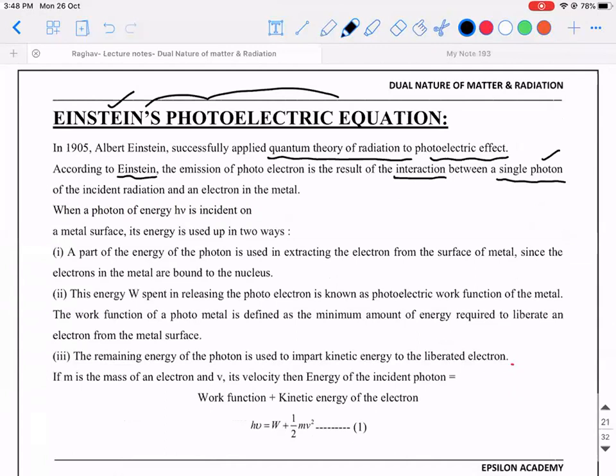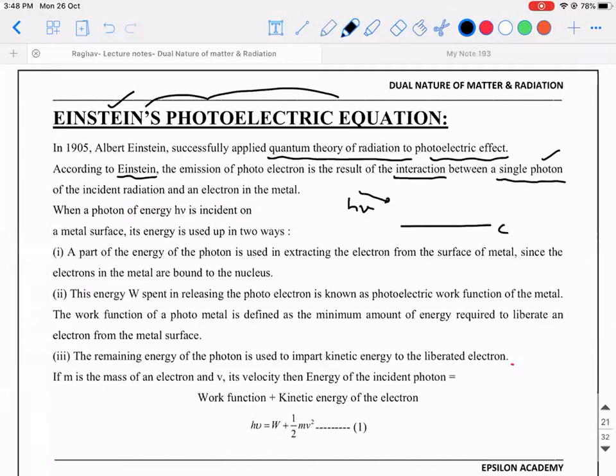So let me explain this concept. Let's say you have a photosensitive plate C. There is one photon of energy h nu which is incident on this photosensitive plate. So what is going to happen?